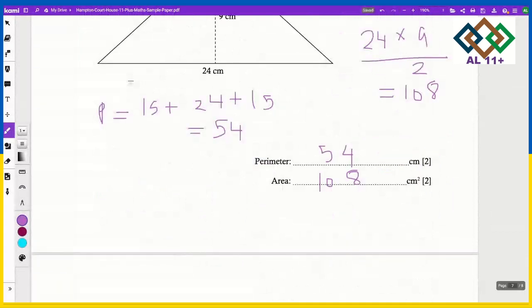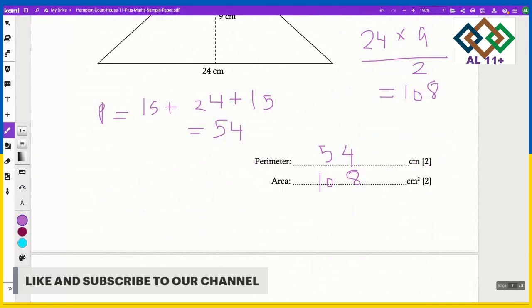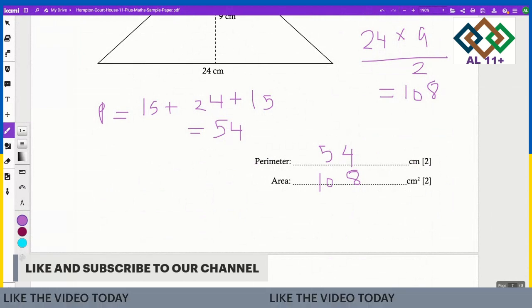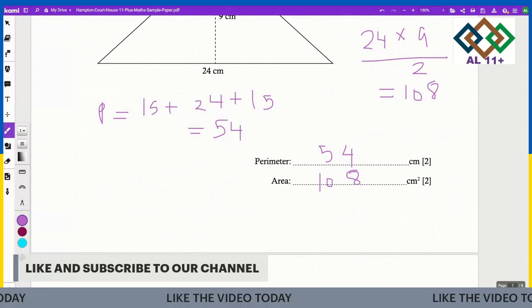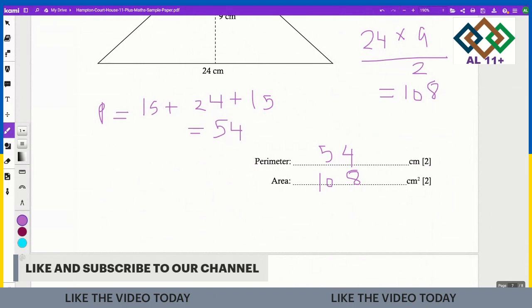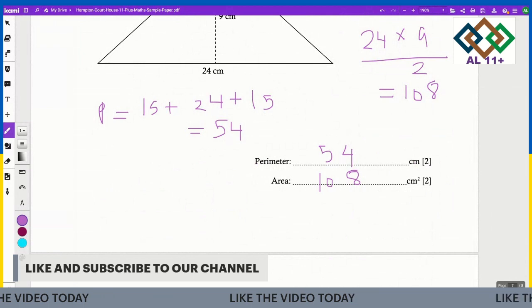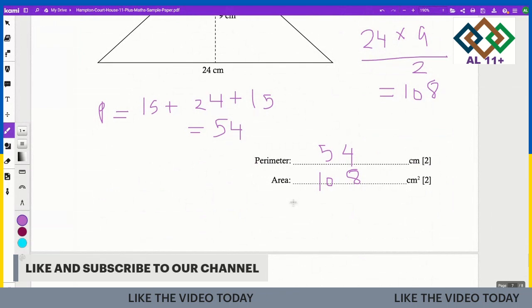Now we are on number 18. We have only 2 more to go.